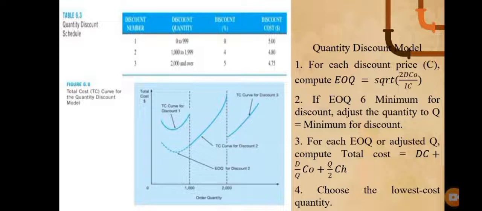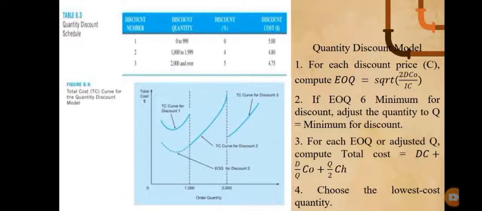In the quantity discount model, for each discount price or the C, compute EOQ with the formula of the square root of 2 times the annual demand times the ordering cost over the IC. If EOQ is less than the minimum for the discount, adjust the quantity to the minimum for the discount, so Q equals the minimum for discount.